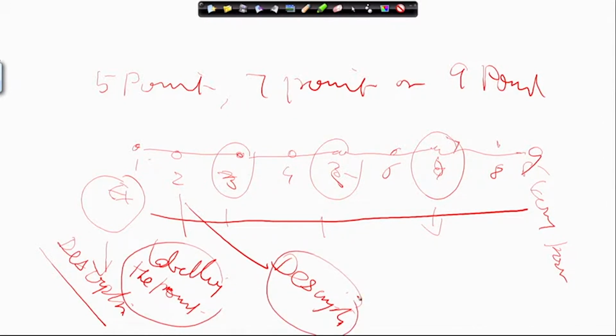Okay. Another issue is whether you are going to have an odd point scale or an even point scale, right. If you are going to have an odd point scale, you can have a neutral point. For example, if you have a 9 point scale, 5 would be the neutral point.